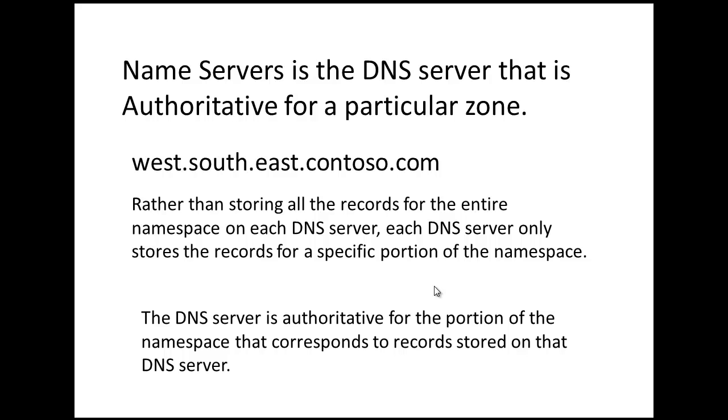But each portion of that namespace will have a name server, and that server is going to be authoritative for that particular zone. So again, rather than storing all the records for the entire namespace, each DNS server only stores the records for a specific portion of the namespace.